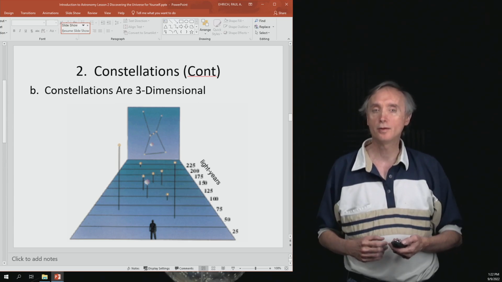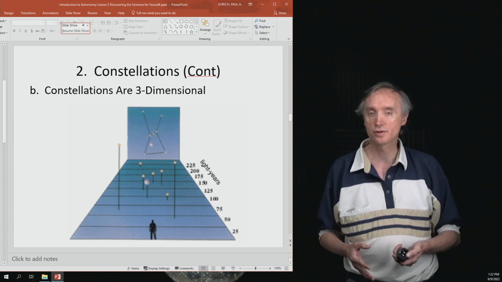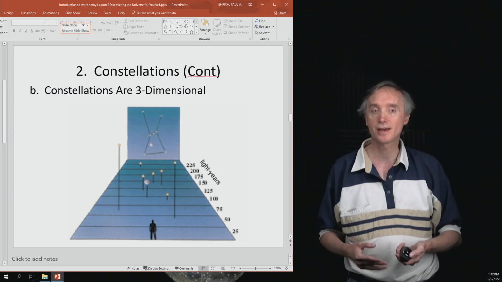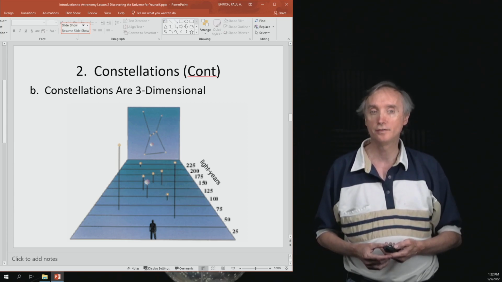You probably already knew this, but a lot of people tend to think all the stars in that constellation are the same distance from Earth, and you can see from that picture that they're not. Some of the stars in the constellation Orion are close to the Earth, and some of them are very, very far away. You can see that the back star in the constellation is about 225 light years away from Earth.